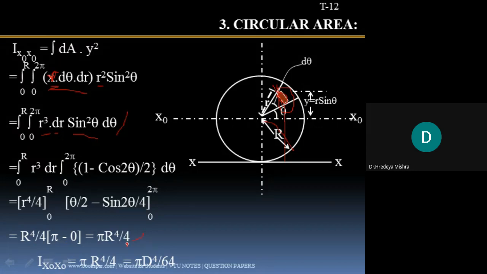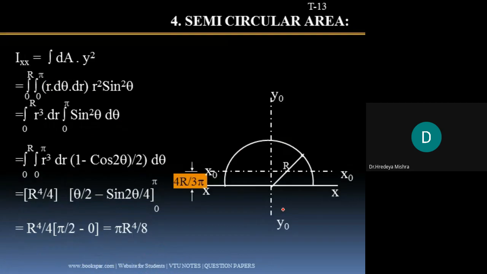So that is pi r to power 4 divided by 4. Okay, so that is our moment of inertia for a circular object or circular area. Pi r to power 4 divided by 4; we can convert this r and take it as a diameter. So here pi d power 4 upon 64, if we take it as a diameter.